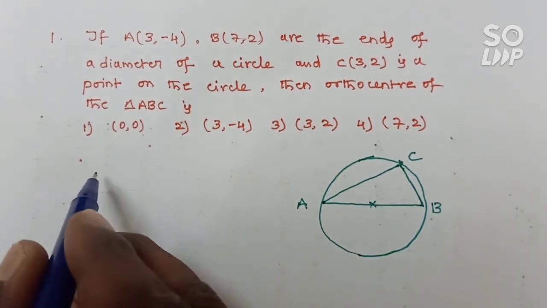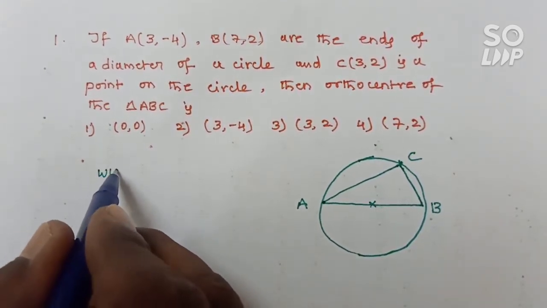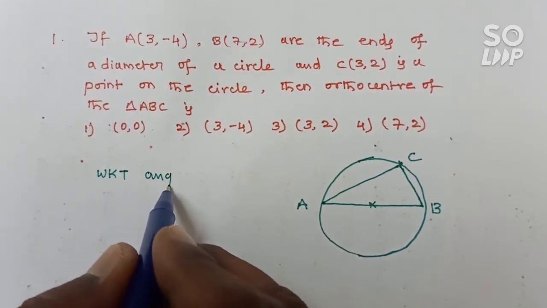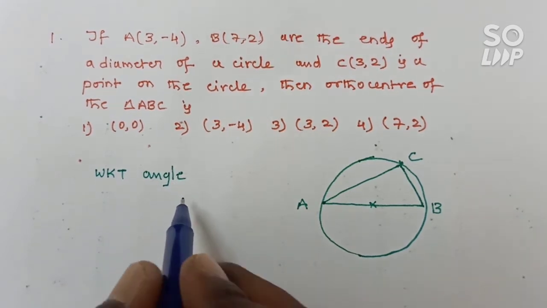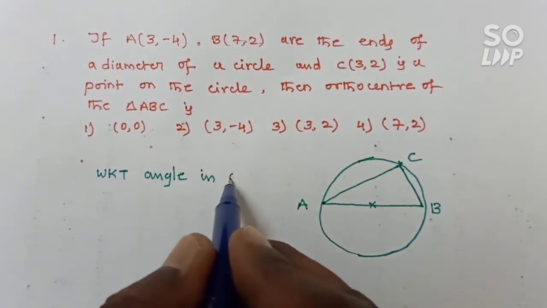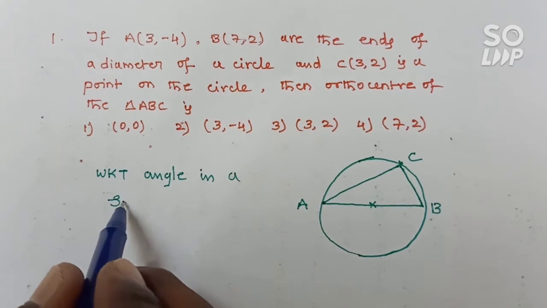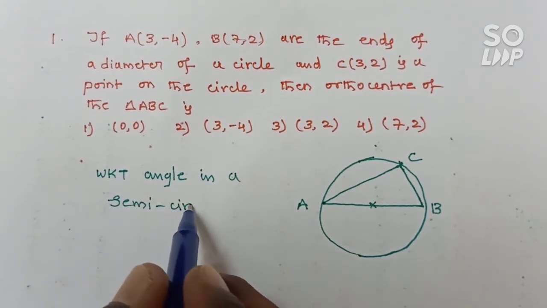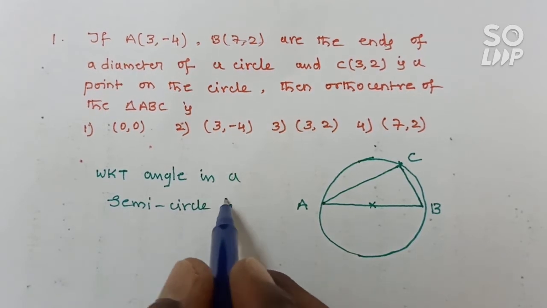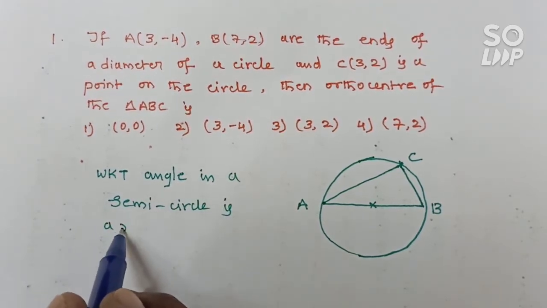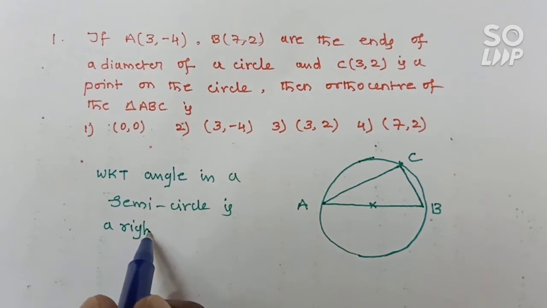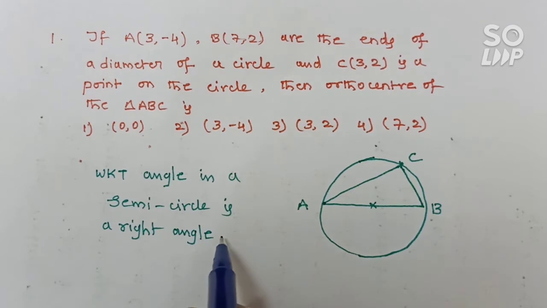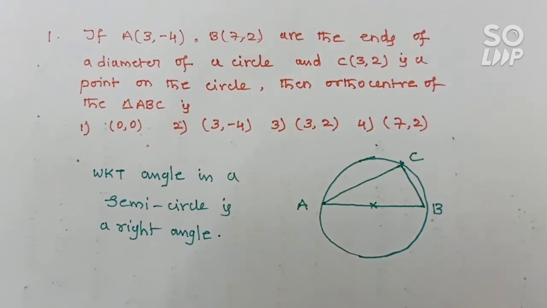we know that angle in a semicircle is a right angle. Right? So already everybody knows this point.